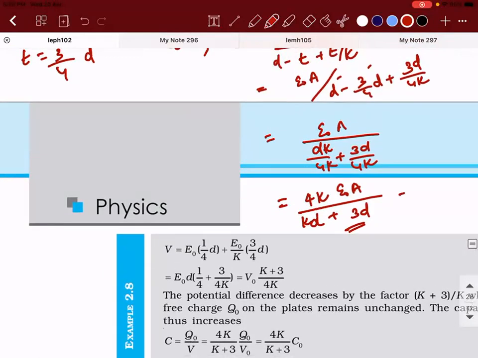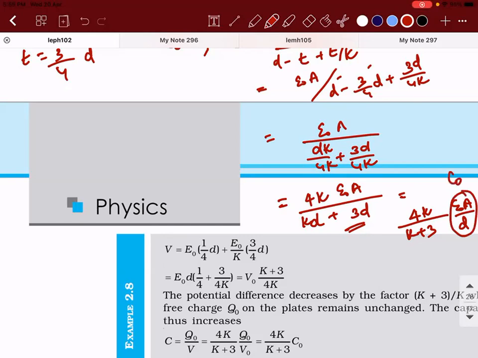This I can write as 4 kappa divided by kappa plus 3 into epsilon naught A divided by D. But what is epsilon naught A divided by D?